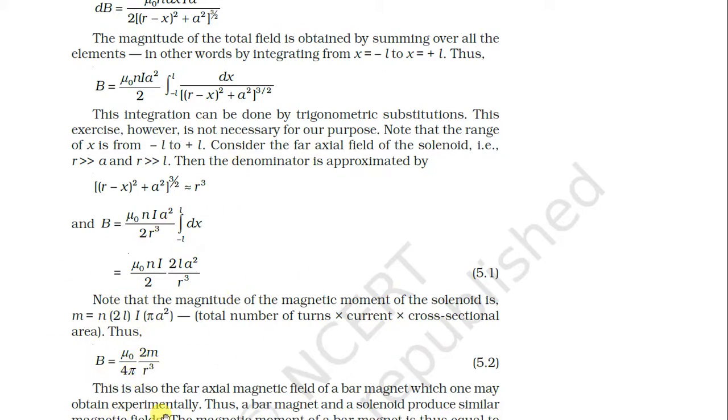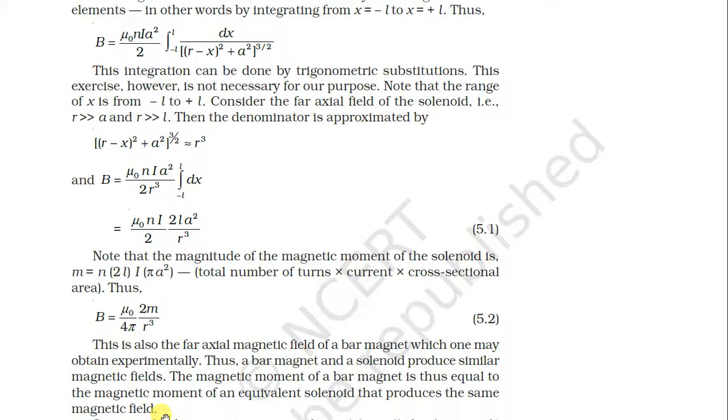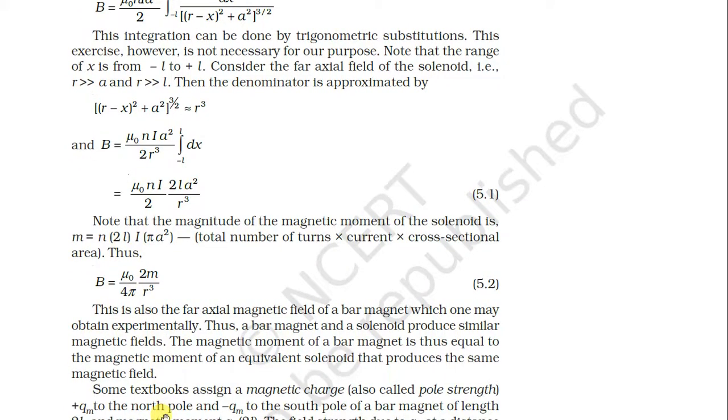This is also the axial magnetic field of a bar magnet, which can be obtained experimentally. Thus a bar magnet and a solenoid produce similar magnetic fields. The magnetic moment of a bar magnet is equal to the magnetic moment of an equivalent solenoid. They produce the same magnetic field.